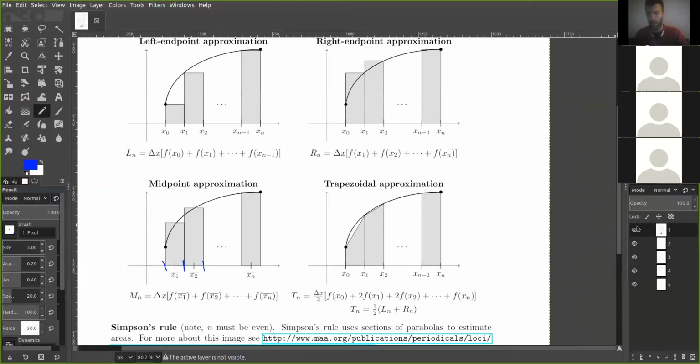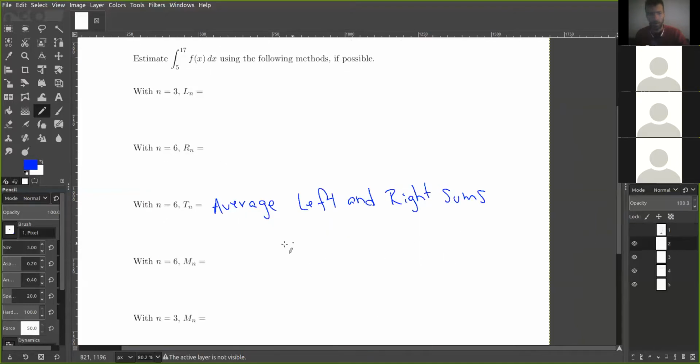Oops, let's see, undo that. So this one we can't compute. So what would we need?